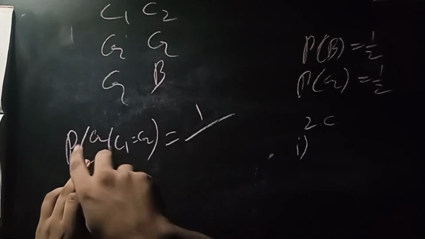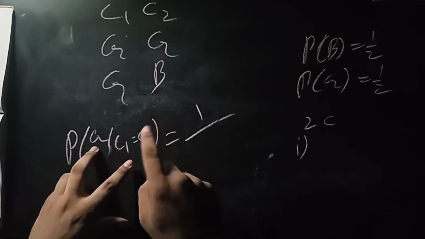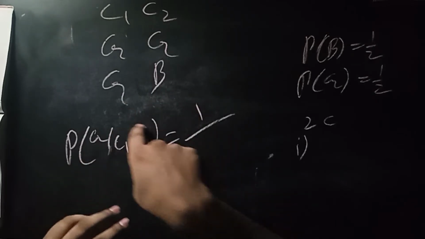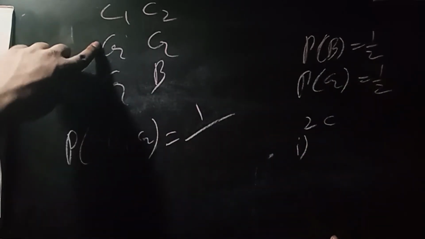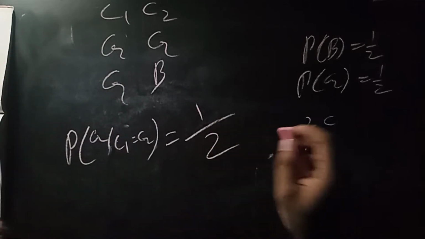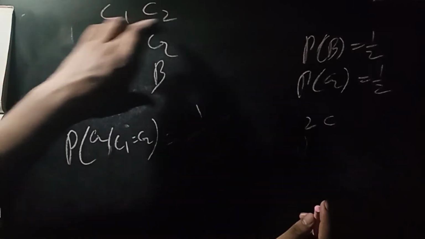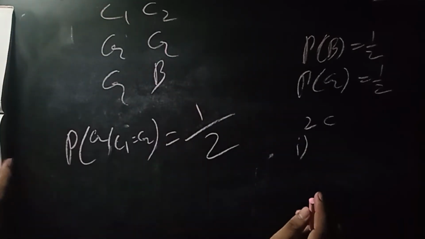Remember the conditional probability: P of A in the sample space, where the sample space is the given condition. Here the given condition is that the youngest is a girl, so there are two possibilities, so it's going to be half. These two are the total sample space and this one is the only event that's happening.